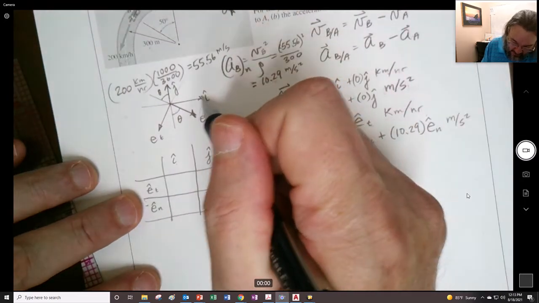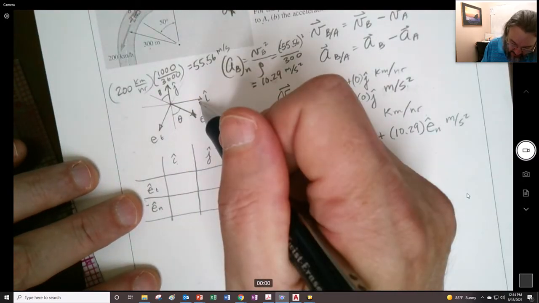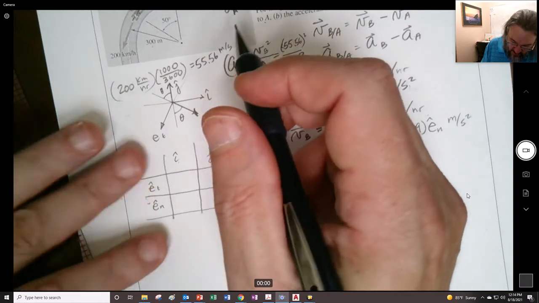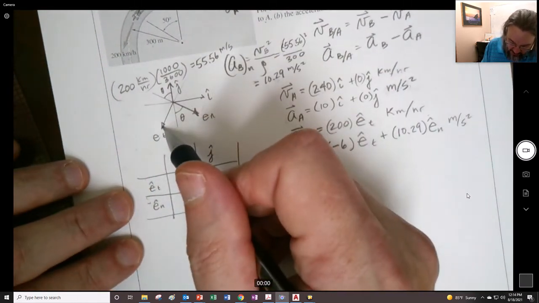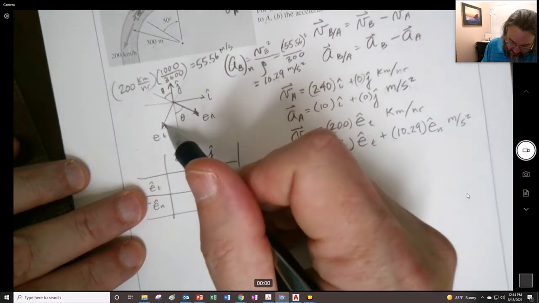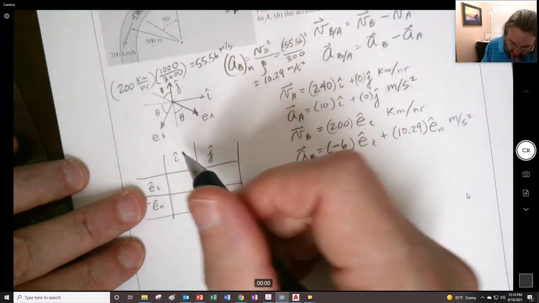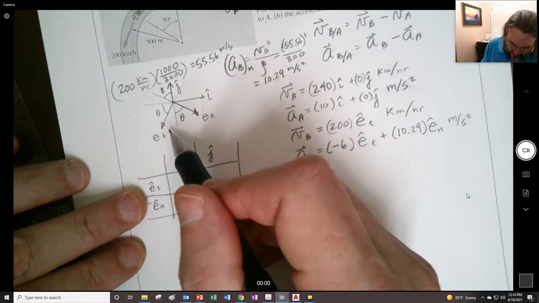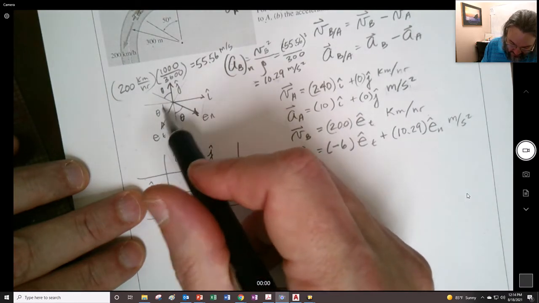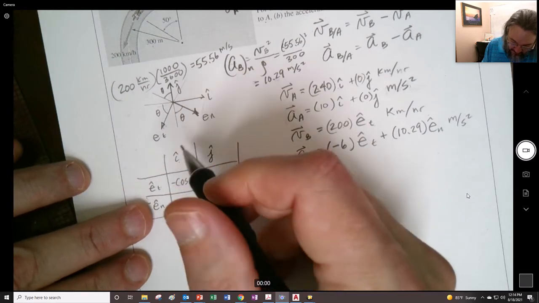Yeah, that's an I. If we turn I into, or we could do the other way around, let's take the ET and turn it into I and J. So this is the angle right there too. We know that one has to be true. So this makes this negative cosine of theta, right?